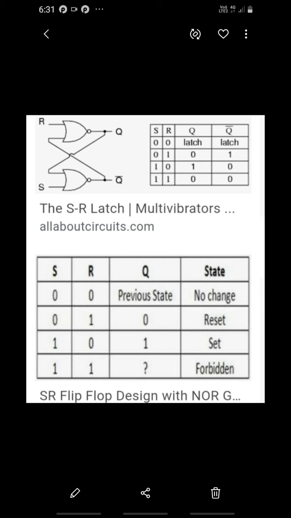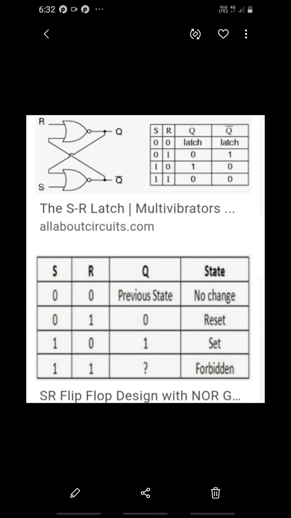This condition is called inactive state because nothing changes. When r is equal to 0 and s is equal to 1, the output of latch is set to logic 1, that is q is equal to 1. And when r is equal to 1 and s is equal to 0, the output of latch is reset to logic 0.